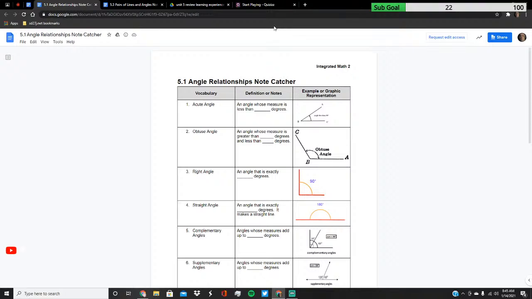Angle 1 is congruent, not parallel, but it's congruent to angle 11. Yes, angle 1 is congruent to angle 11. All right, so then we have A is parallel to B and 1 and 11 are congruent. So we can say 1 and 8 are congruent.